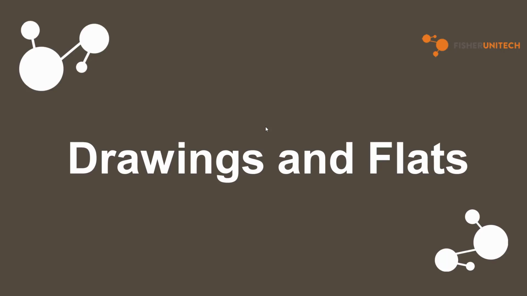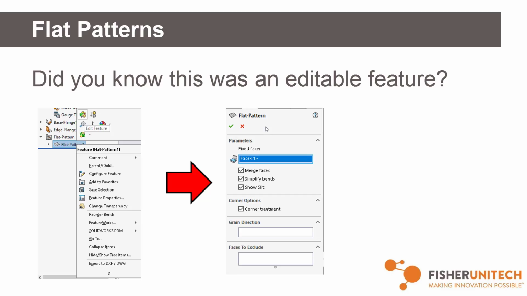Okay, drawings and flats. When we start talking about flat patterns, I'm hoping at this point that all of you know that flat patterns are technically an editable feature. So you can go in there and start changing things around. There are a lot of different options you can mess around with.